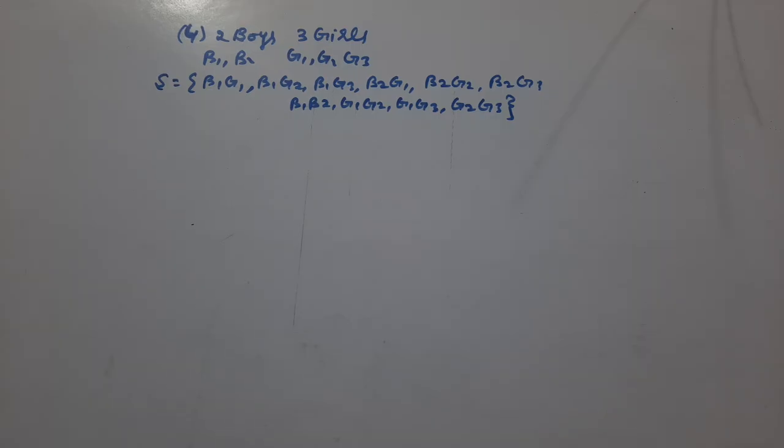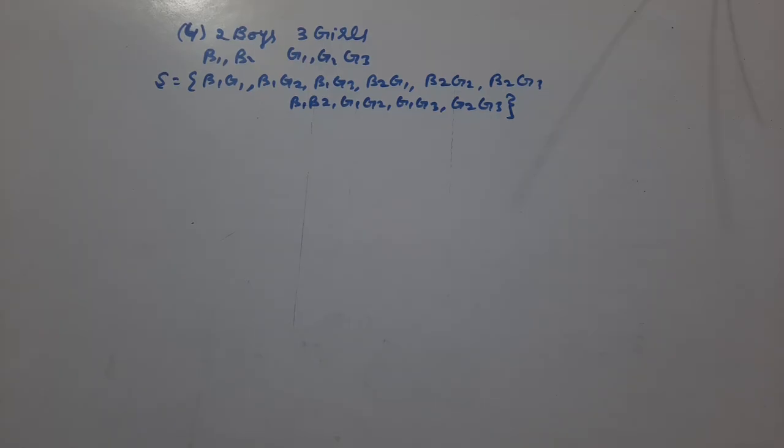Now students, let us see the fourth question. From a group of 2 boys and 3 girls, 2 children are selected at random. Describe the events. First, let us make the sample space. Let us take the 2 boys as B1 and B2 and the 3 girls as G1, G2, G3.